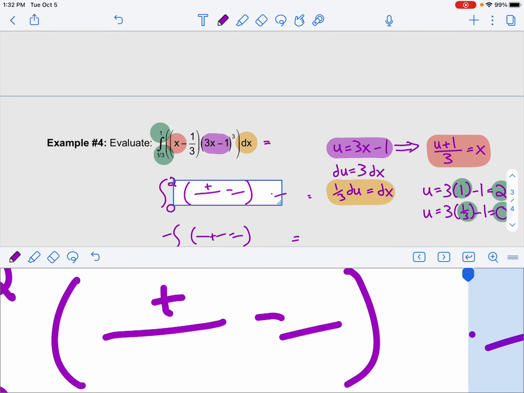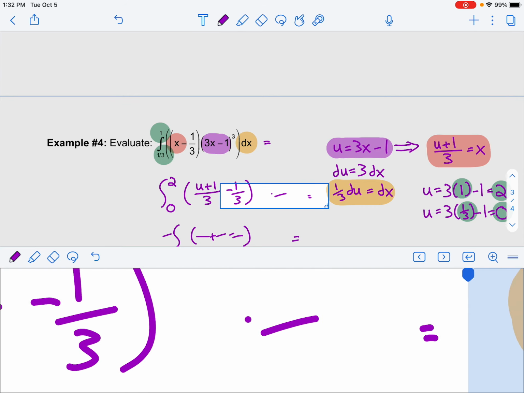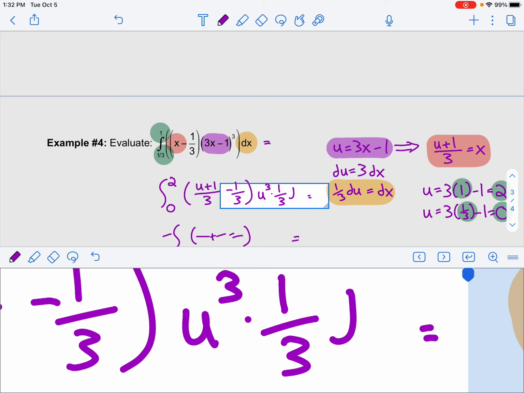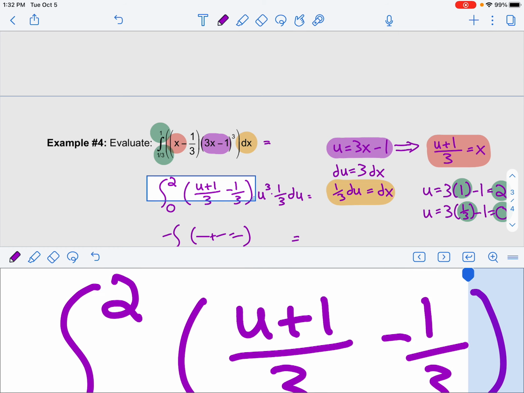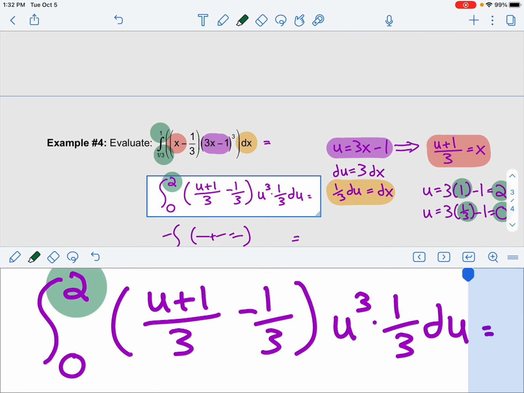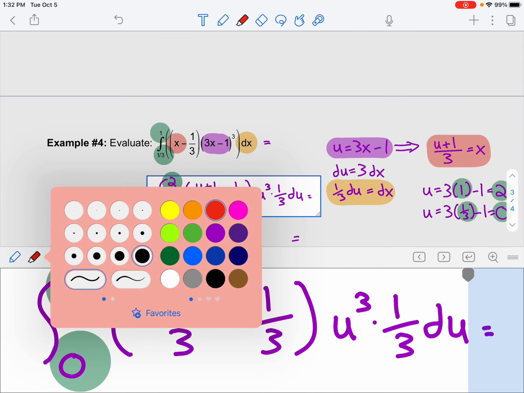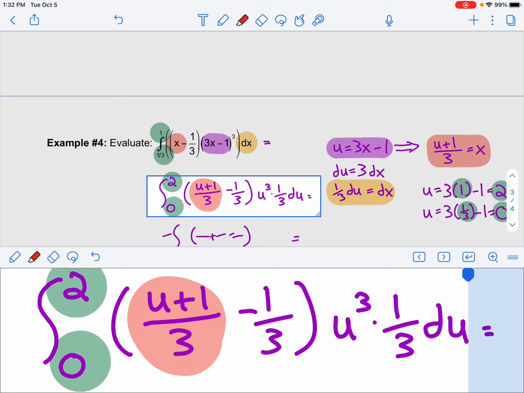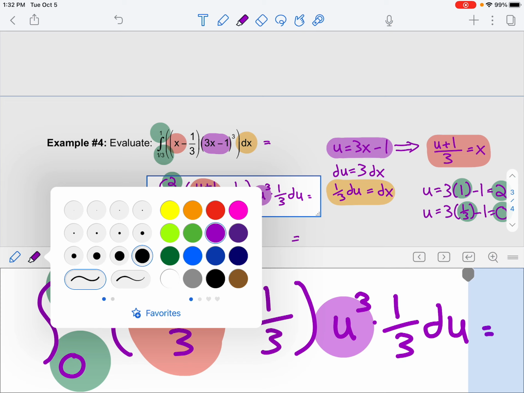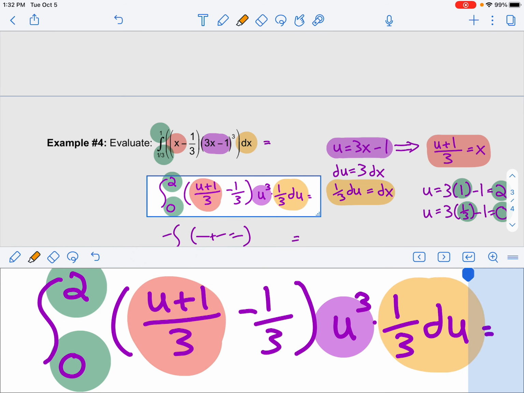I can replace x with (u plus 1) over 3, minus 1/3, and then I'm going to have u to the third power times 1/3 du. So new limits of integration, new value for this x, new thing to the third power, and then new differential here at the end. Instead of dx, I get 1/3 du.